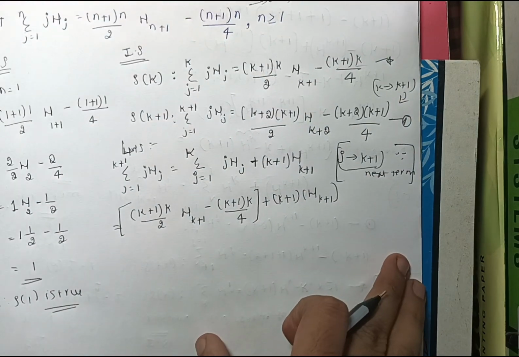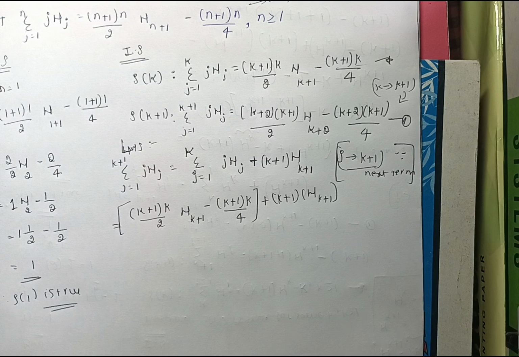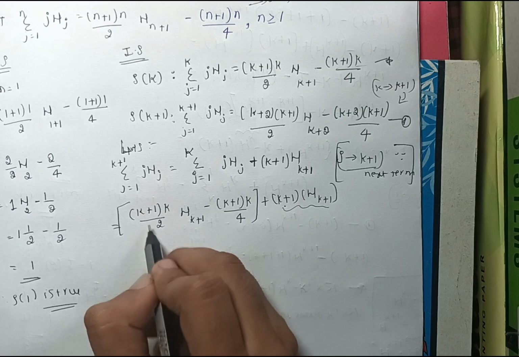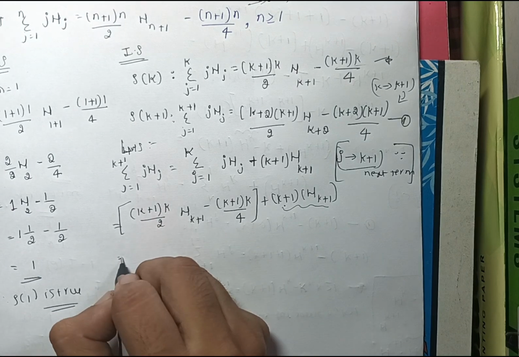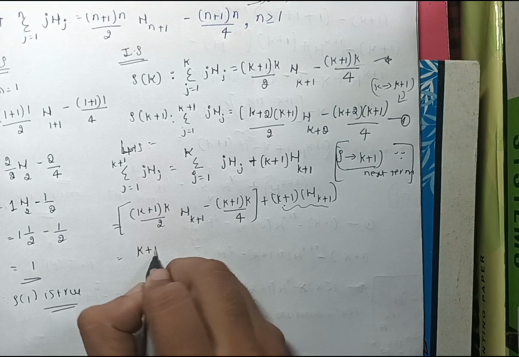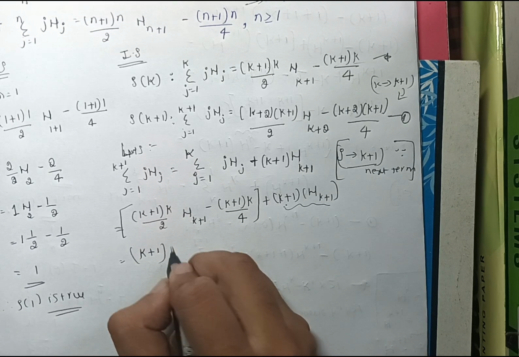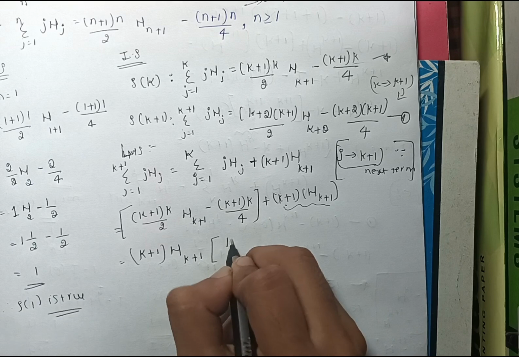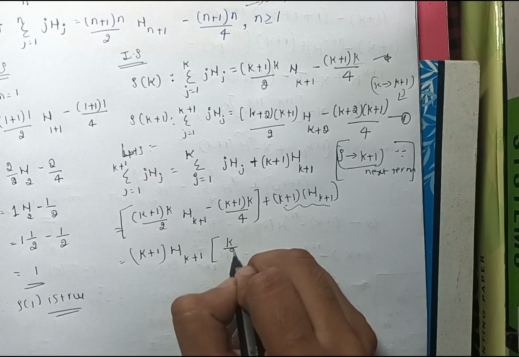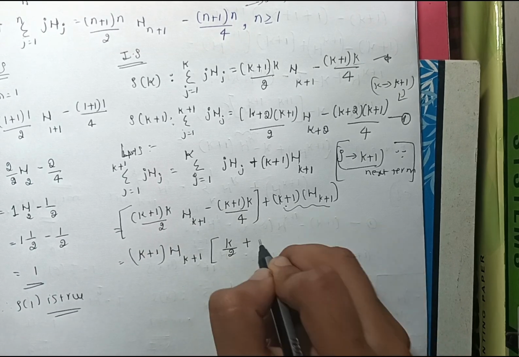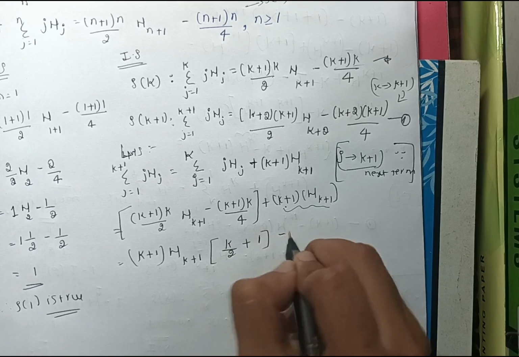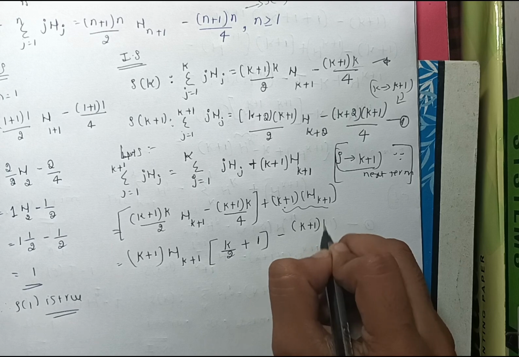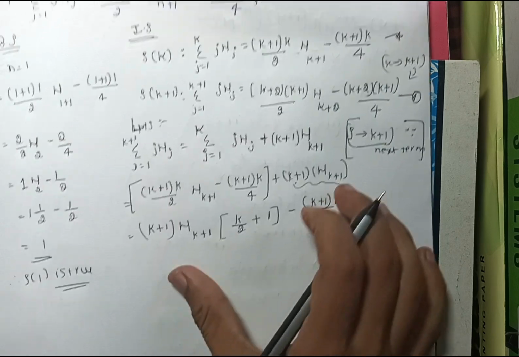What do we have to do next? So we have k plus 1 and h of k plus 1 common. Take this out. What is remaining? Here remaining is k by 2 and here remaining is nothing. Separate the negative term, which becomes k plus 1 into k by 4.